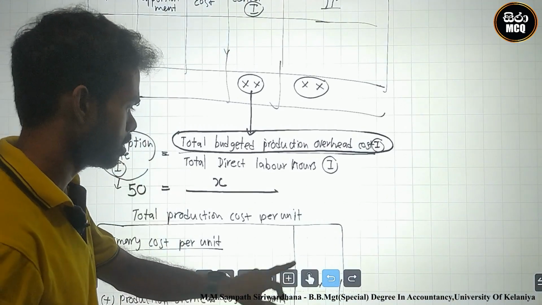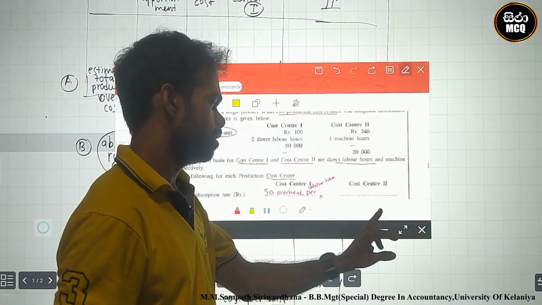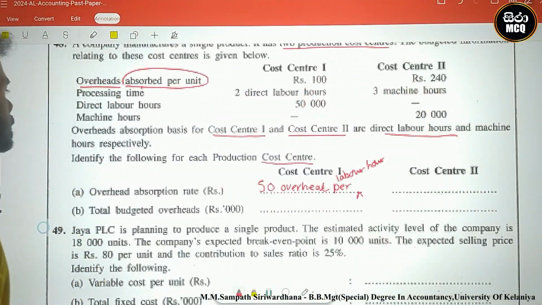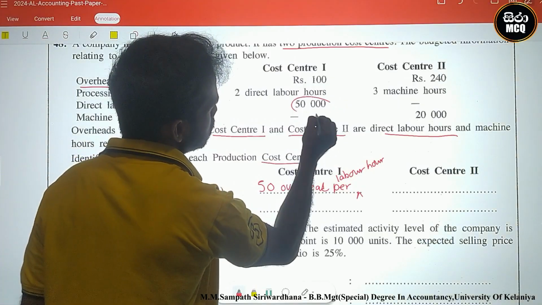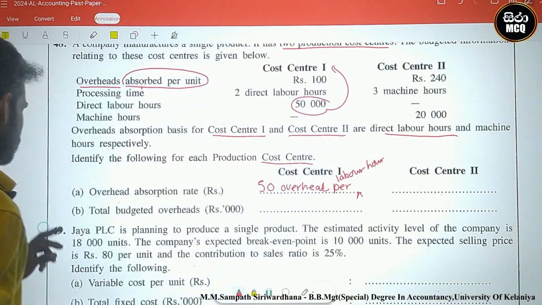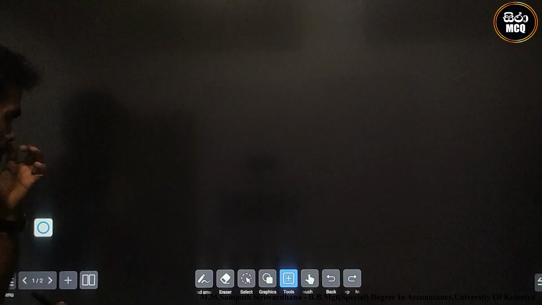Total direct labor hours, what is that? They supplied it. Look here: direct labor hours 50,000 for cost center 1. We divide by 50,000.